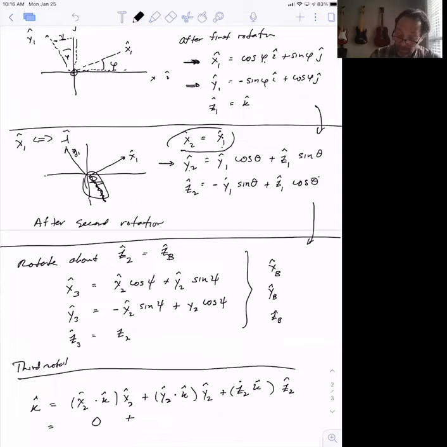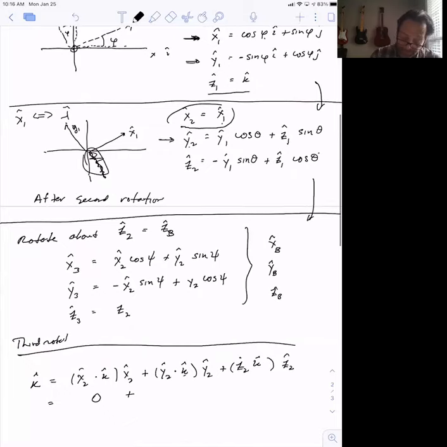But there's another piece, there's a z1, and z1 is in fact k hat. So when I do y2 dot k hat here, I'm going to get sine theta y2, because here's y2 hat, there's z1, z1 is the same as k hat, and there's my sine theta.